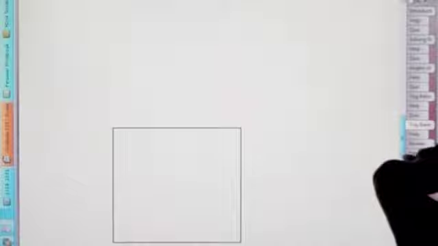The next one we have, way down here, is a square. Okay? If I say this is a square, all these side lengths are going to be the same amount.